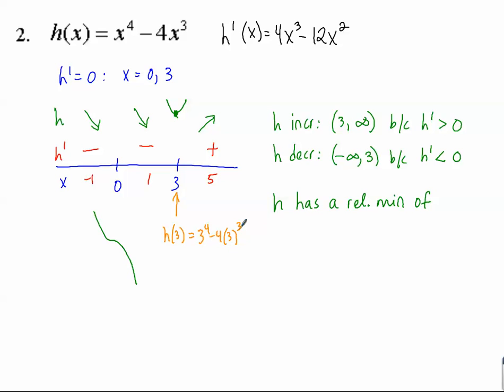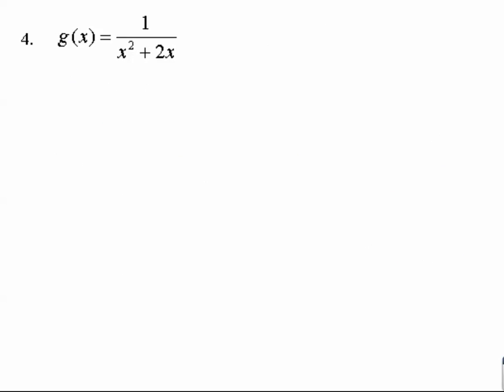Plugging in 3, it looks like I get negative 27. So it's the relative min of negative 27, and it's located at x equals 3 because h prime changes from negative to positive.